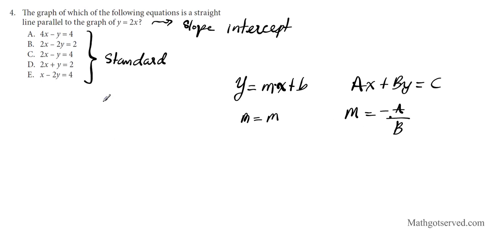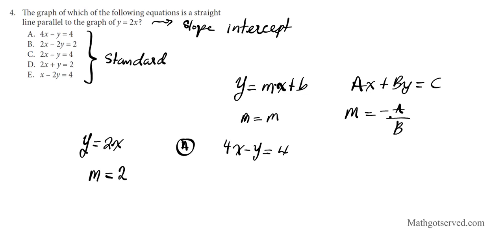Okay? So for the problem we have, the equation we're given, y equals 2x, it's obvious that m, the slope, is 2 because that's the coefficient of x. B is 0 here. So the question is, which of these have a slope of 2? Alright, let's exhaust possibilities, starting with A. We have 4x minus y equals 4.